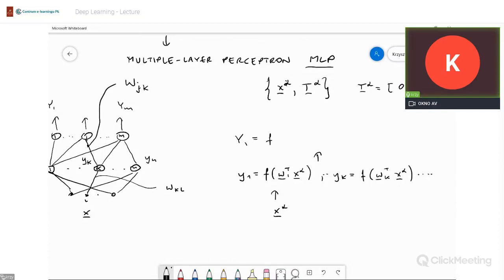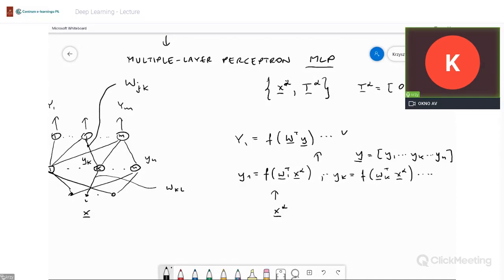So the first output of the second layer will be a nonlinear transformation, but now of capital W times a vector of outputs Y. This vector of outputs Y contains Y1, then YK, and somewhere at the end YN. So this is what will be produced at the output of the first layer.